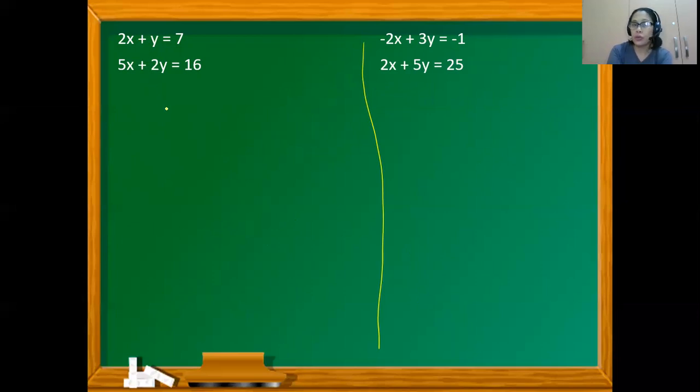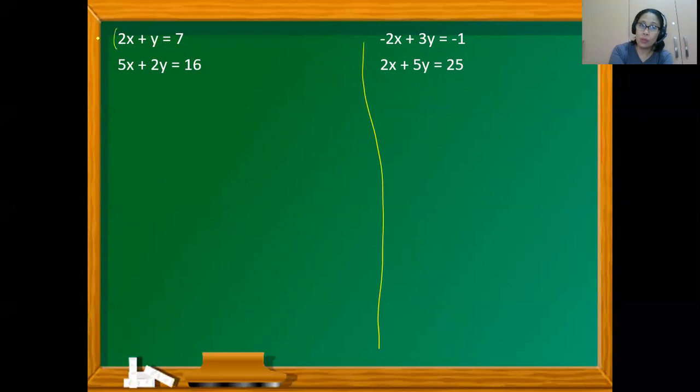So what we're going to do is rename the first equation if we want to eliminate y. We will make the coefficient of y equal to 2 or negative 2. If we choose to use addition as the operation in eliminating y, we have to make the coefficient of y equal to negative 2.